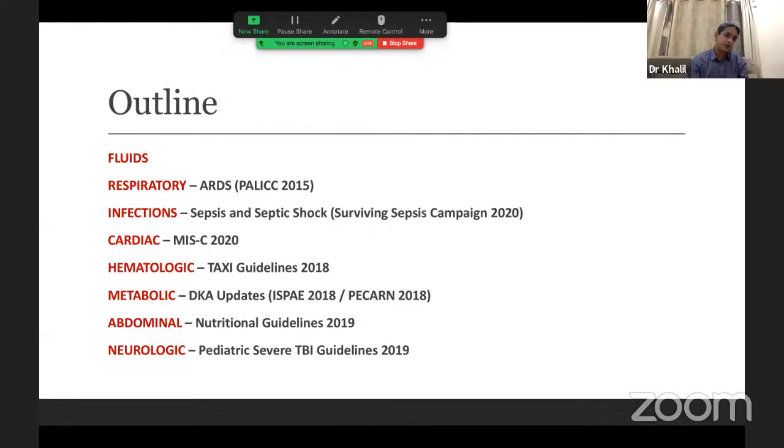We'll discuss the transfusion guidelines in the pediatric population, particularly in ICU cases. We'll briefly discuss metabolic problems like DKA, followed by abdominal and neurologic issues with regard to pediatric traumatic brain injury.